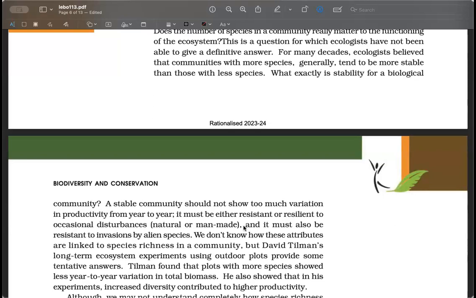A stable community should have the capability to show equal productivity from year to year, right? So if there are too many disturbances, like one season there are too many grasses, the next season all the grasses are dried up, do you think that this kind of fluctuation will help a deer community to survive? No.